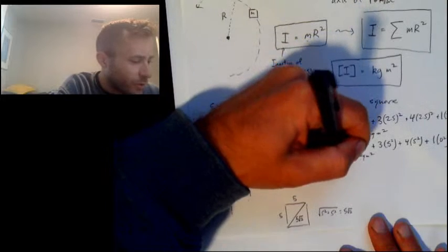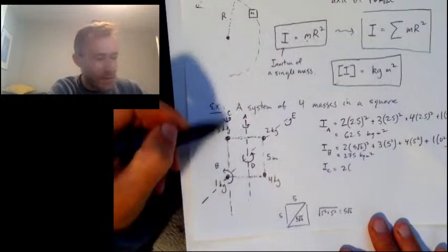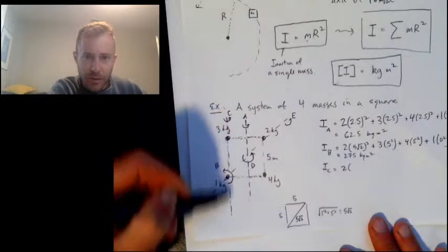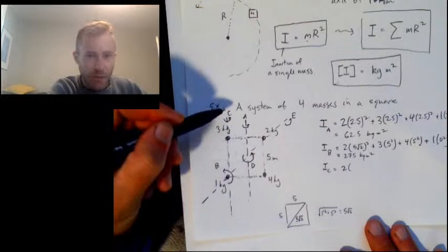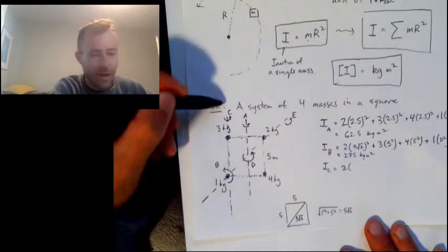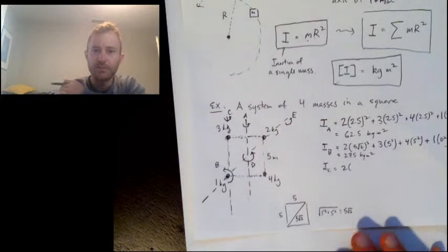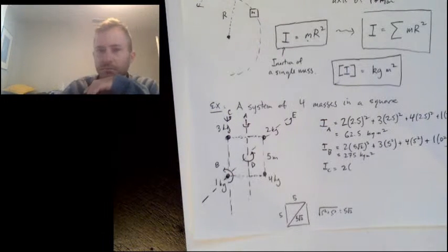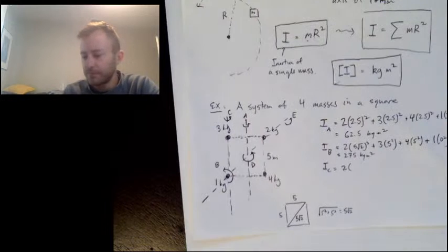So I have the 2 kilogram mass. How far is it from this axis of rotation? Type it into the chat if you know how far the 2 kilogram mass is away from this axis of rotation. I'll wait for a response.